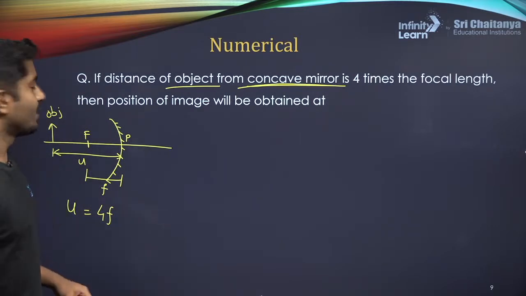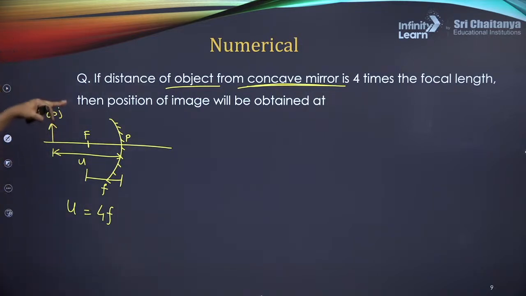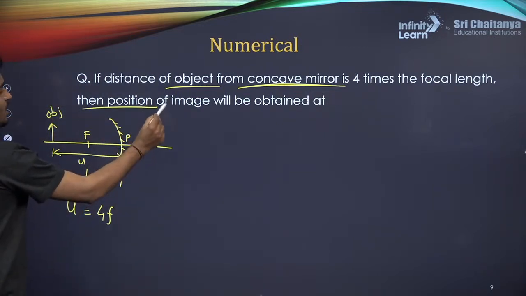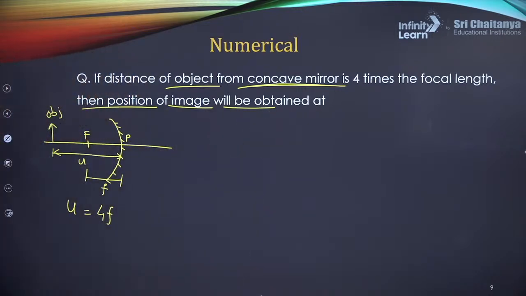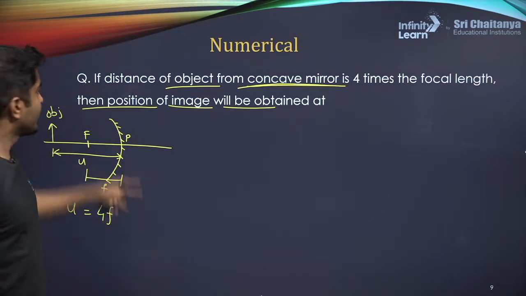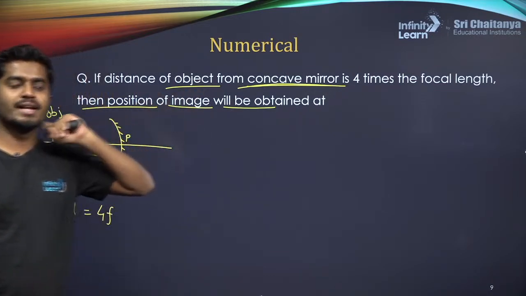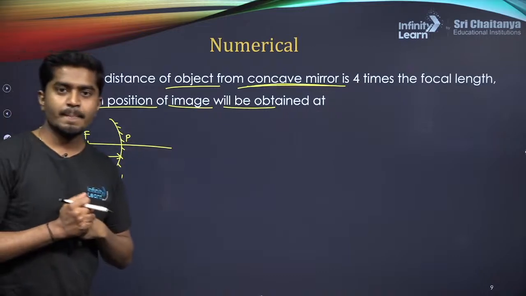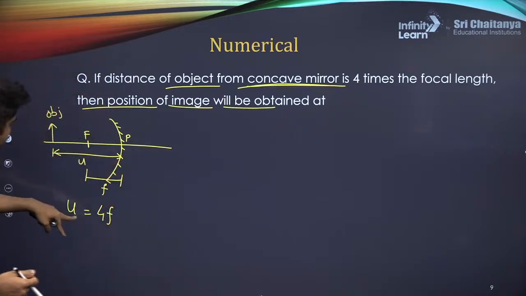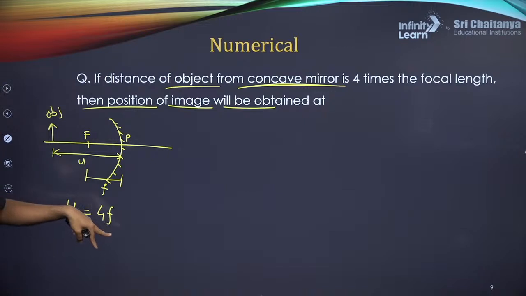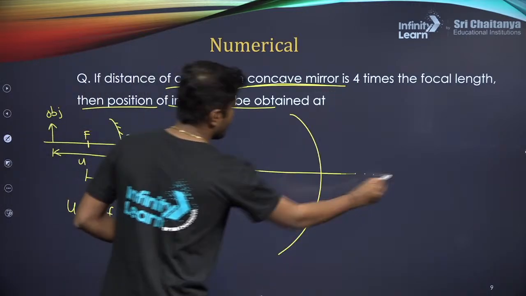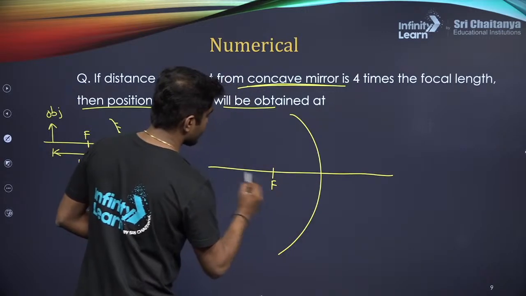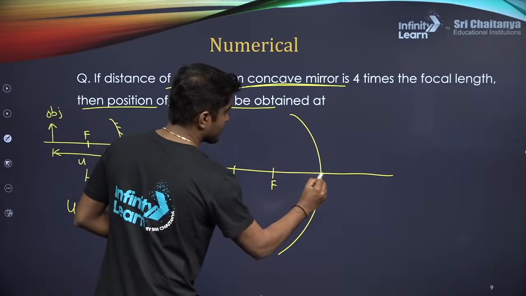So what do we want to find out? The position of the image. What is the position of the image that you have to calculate, and how will you find it? If the object is 4 times the focal length, I'll draw a bigger diagram. There is a focus, a center of curvature, and a pole.